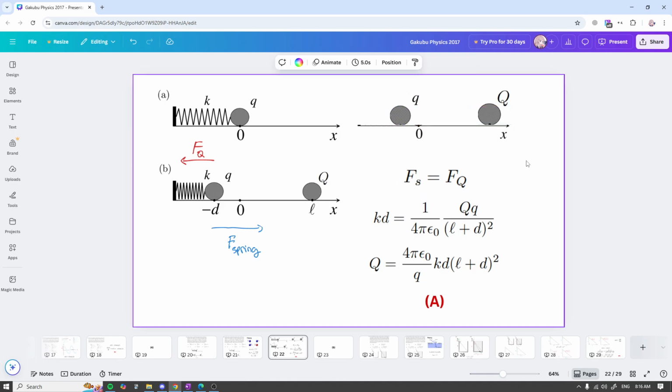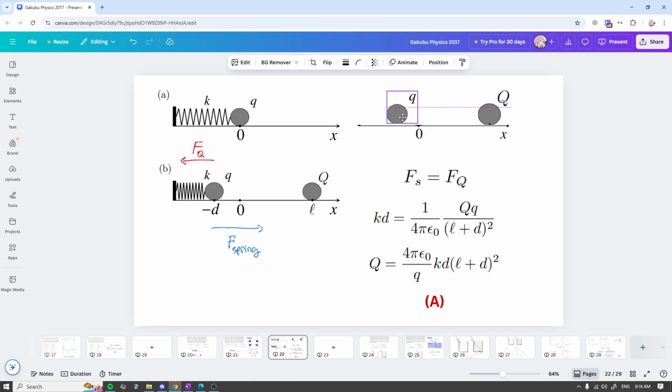So the force acting on small q is the force exerted by big Q minus the force by the spring.